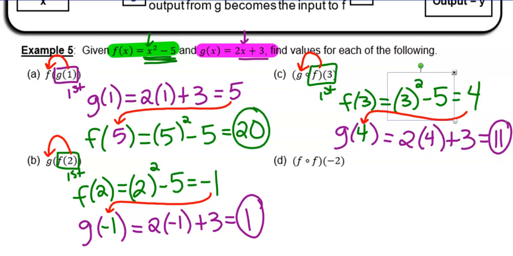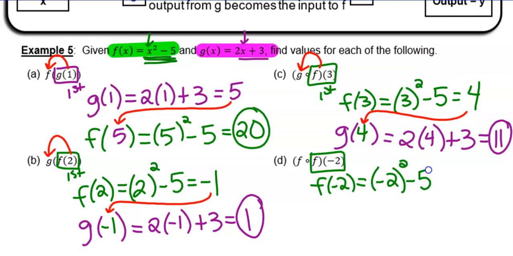All right, and last one on this page, we have D, f of f of negative 2. That's strange, because you're going to actually use the same function twice in the chain. You first start off with f of negative 2, and that will be negative 2 squared minus 5.